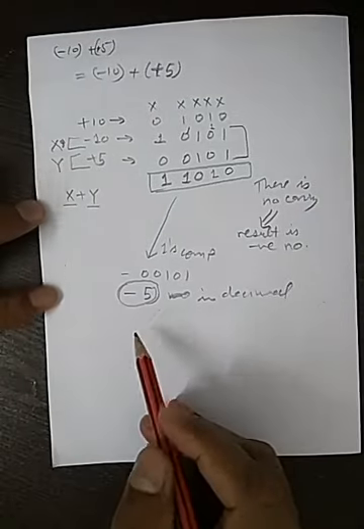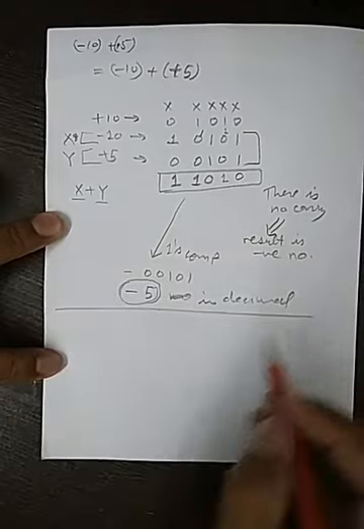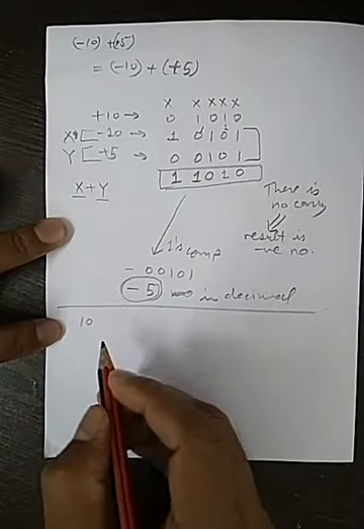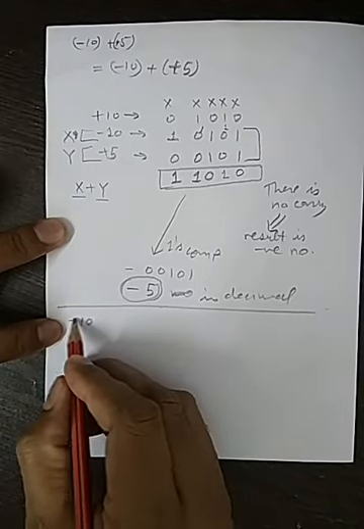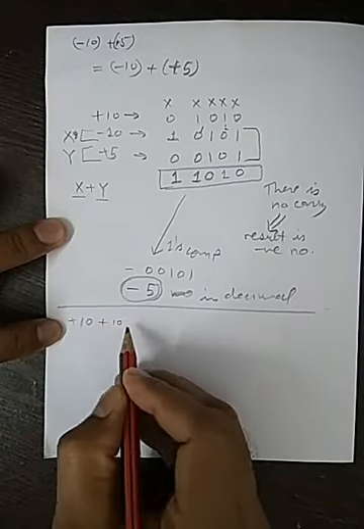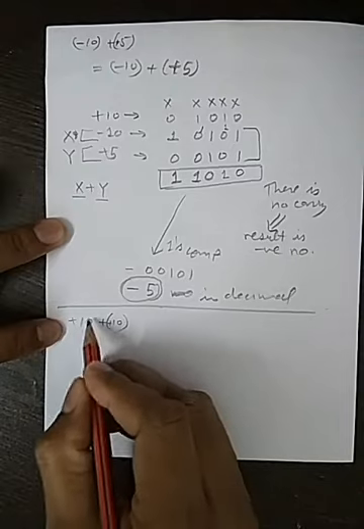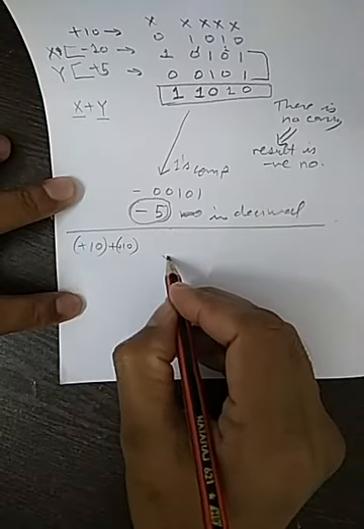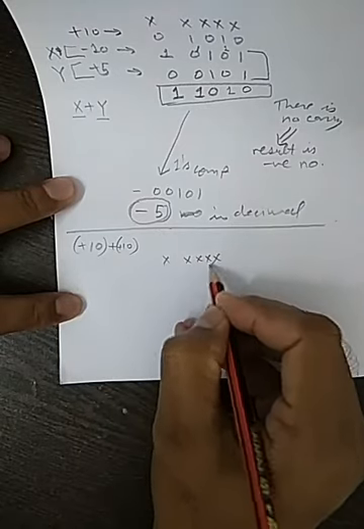Okay, so let us take another situation where let us try to add plus 10 plus 10. I want to do this. Both of the numbers are positive numbers. The given number of bits are only this much.